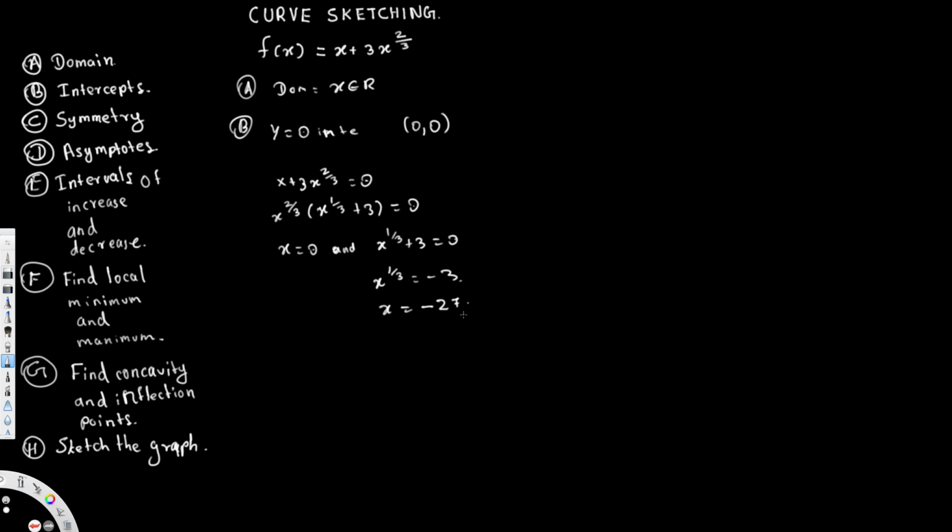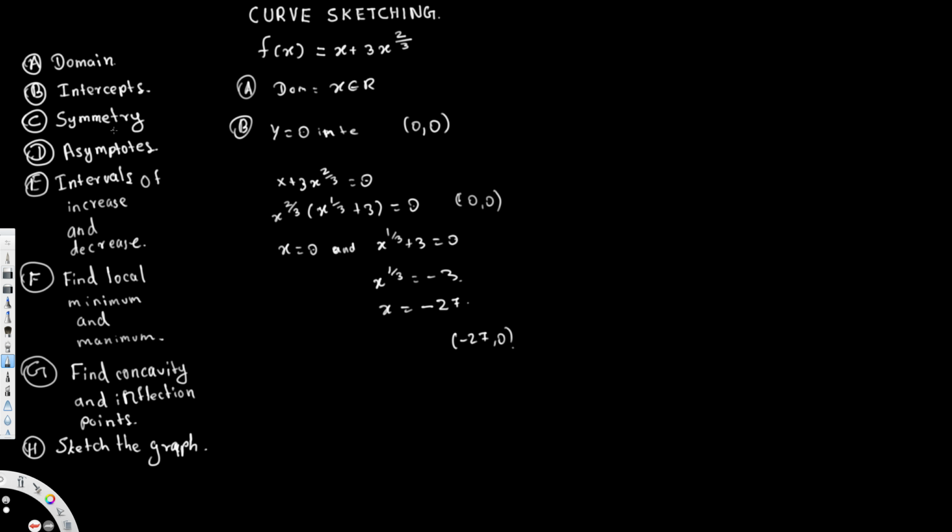So these are my x-intercepts: (0, 0) and (-27, 0). So these are my two x-intercepts.